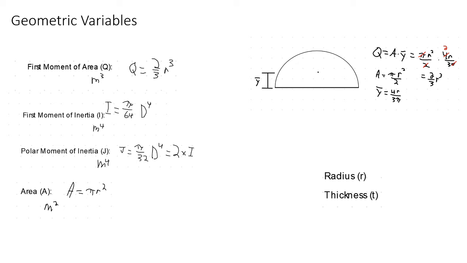For radius, of course, that's r. Thickness T is our diameter. Since the horizontal shear force will be going through the entire cross section from one side to the other, it will take the entire diameter, which I believe was 30 millimeters. So that's also a thing to note.